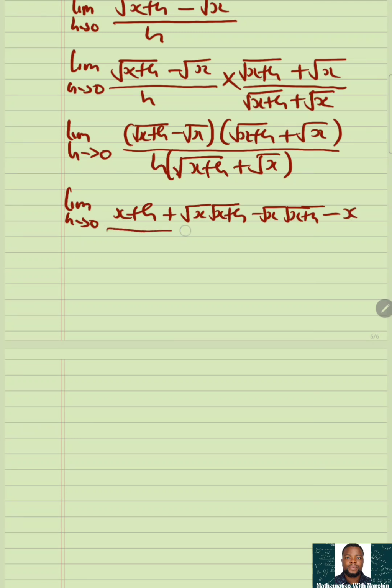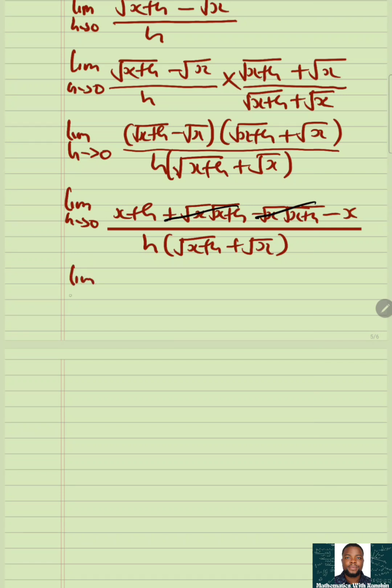So you have all over, you bring down your denominator. This is what you have in the denominator. Now if you look at this closely, these two can cancel each other because this one is positive and this one is negative. So that's gone.